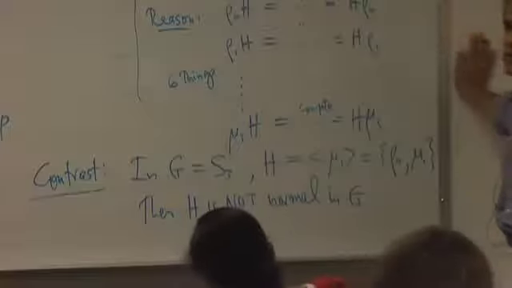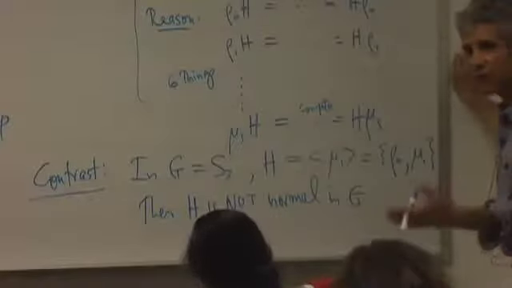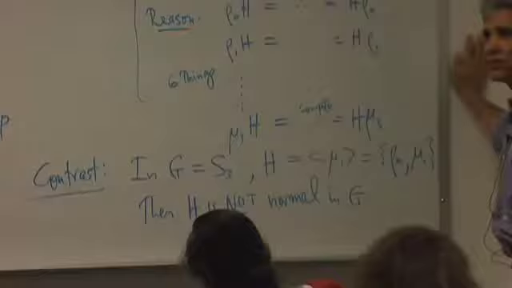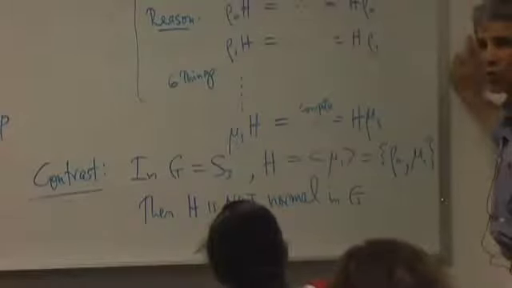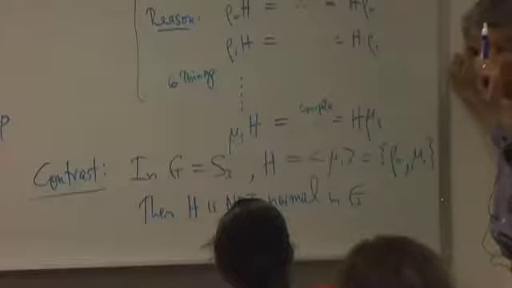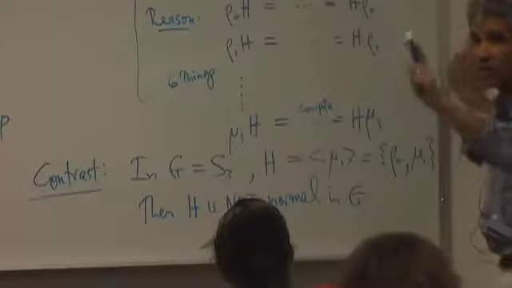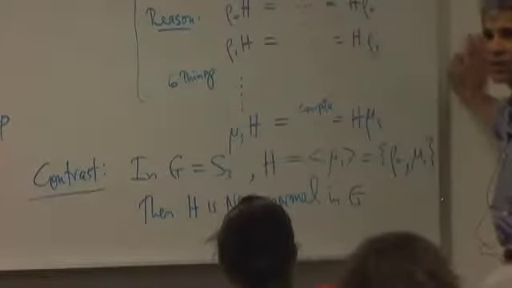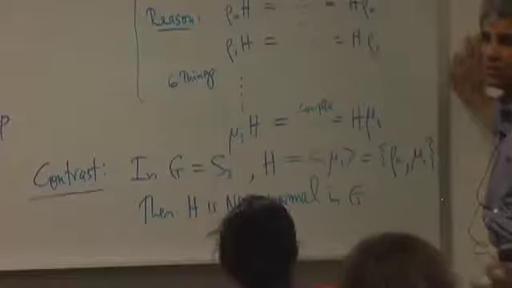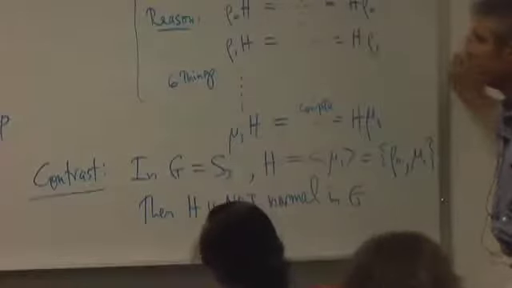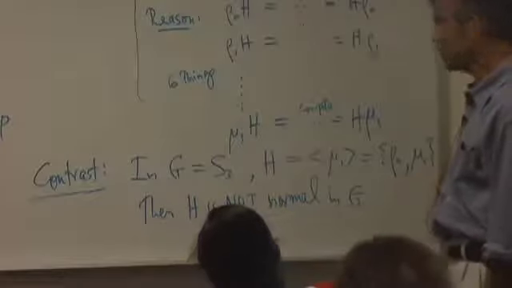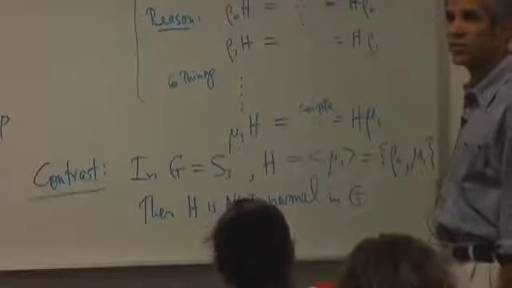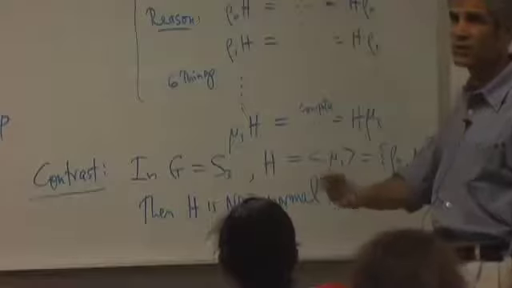And the definition of normal is that every left coset is a right coset. That's the definition. So in order to show me that some subgroup is not normal, all you have to do is produce a single left coset that's not the same as the corresponding right coset. Try to choose wisely here. It'll turn out, folks, if you try to choose the left coset that happens to be the subgroup itself, the subgroup itself is always a left coset and it's always a right coset.